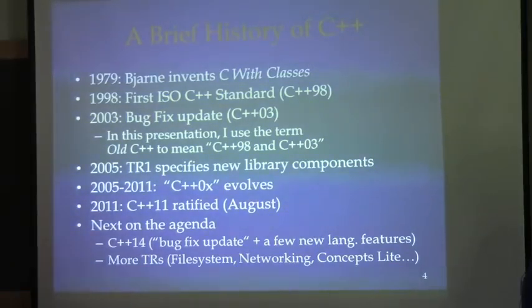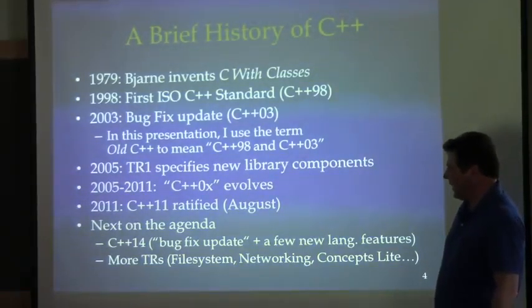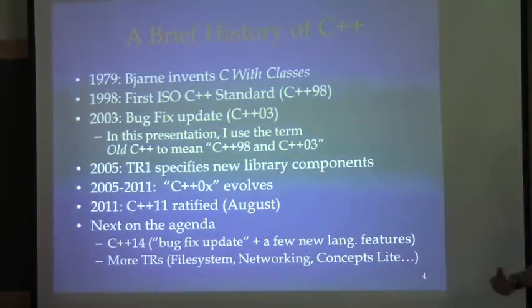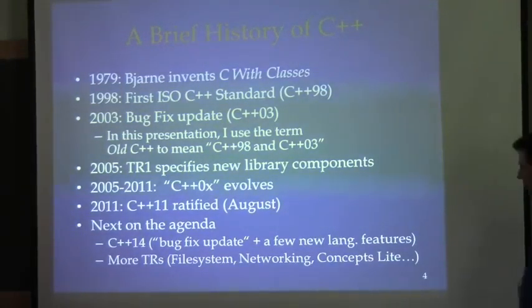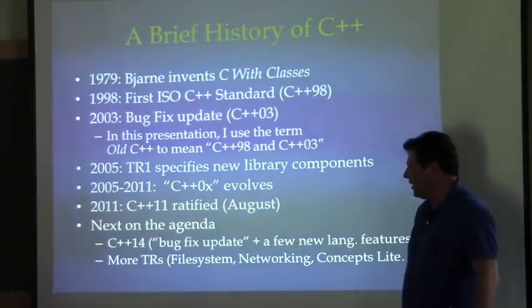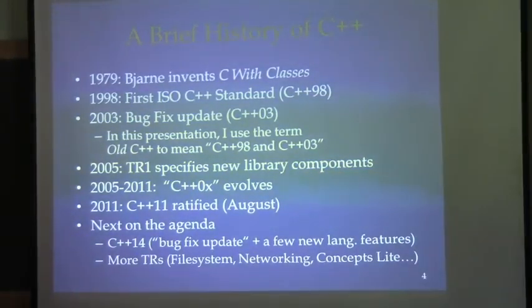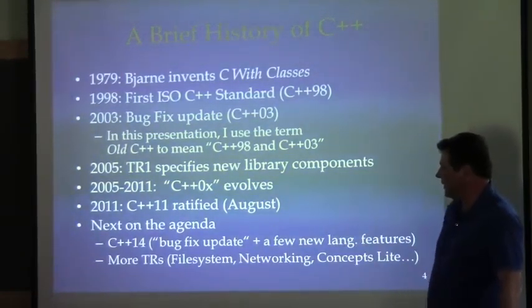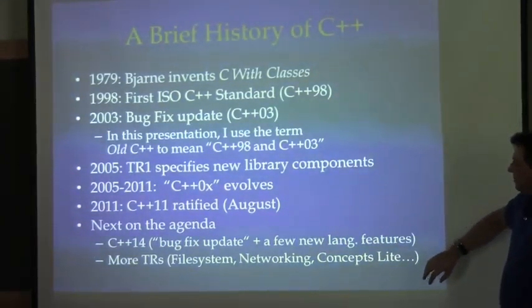And vendors supplied them as a sub-namespace of std called TR1, and gave the whole community many years to become acclimated to these facilities, things like shared_ptr and so forth, hash-based containers, etc. So the language continued to evolve towards standardization, finally ratified in August of 2011. And that's where we're at. The next steps will be a C++14, presumably, kind of a bug fix update, plus.